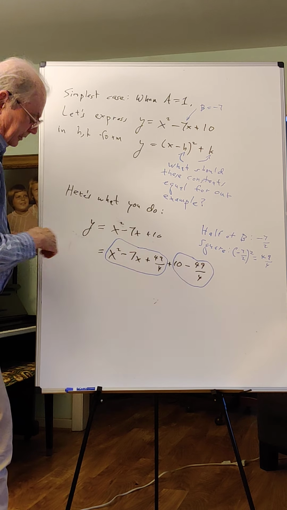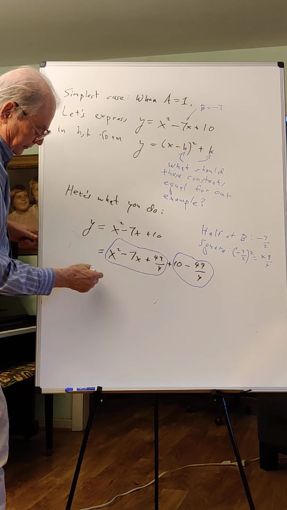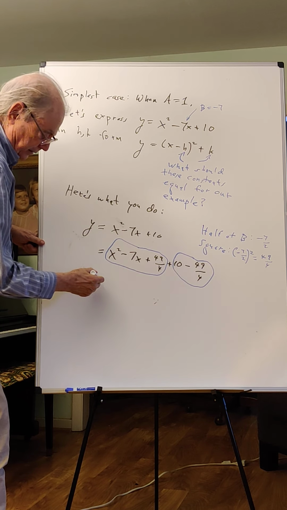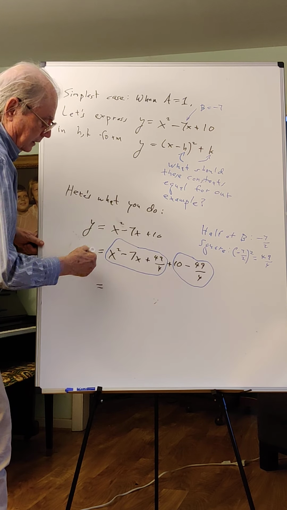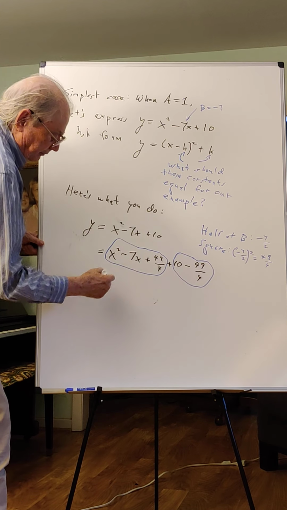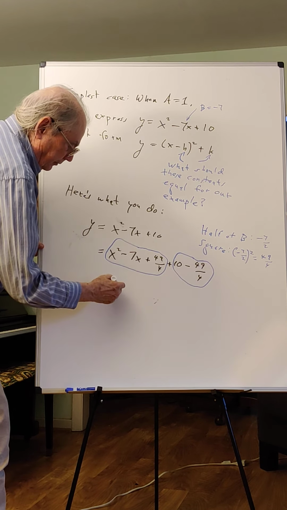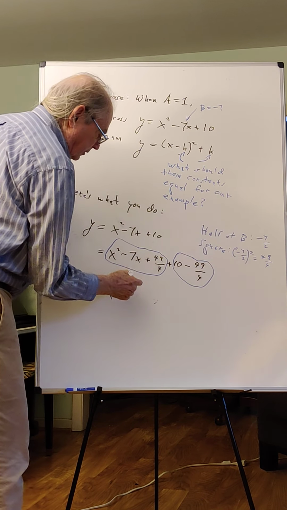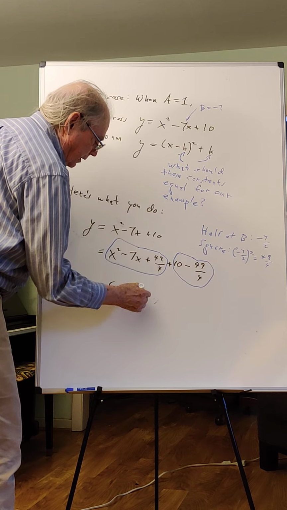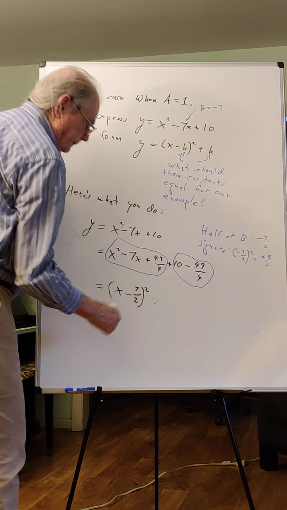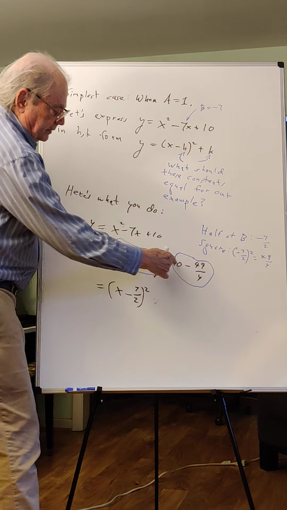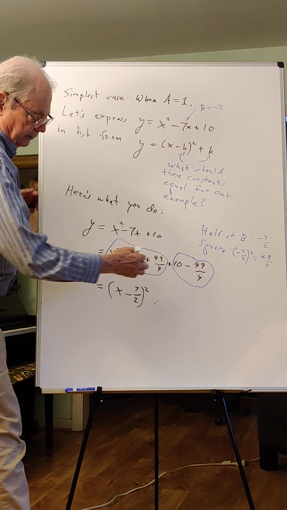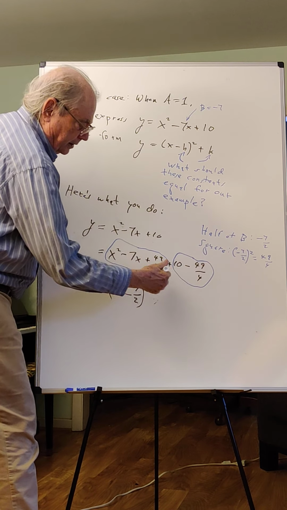So x squared, you have to remember a fact from your 10th grade algebra now, maybe 9th grade algebra. The terms I've circled here are equivalent to x minus this number squared, and then 10 minus 49 over 4, do that arithmetic. Get a common denominator.